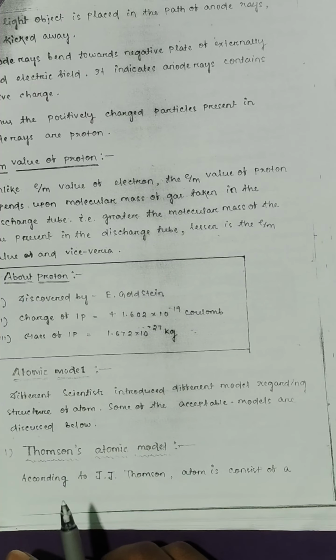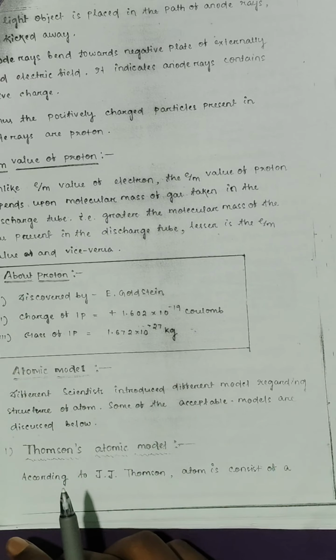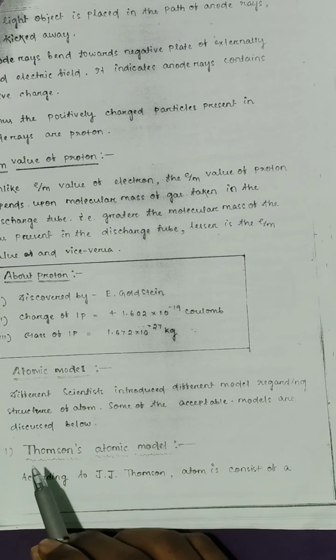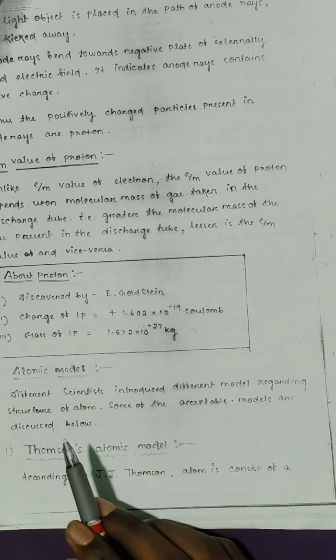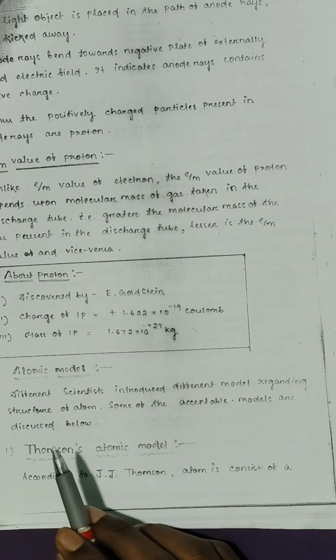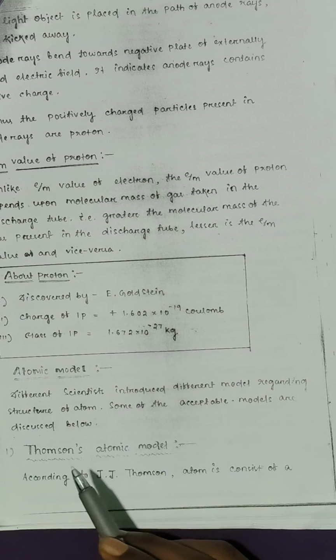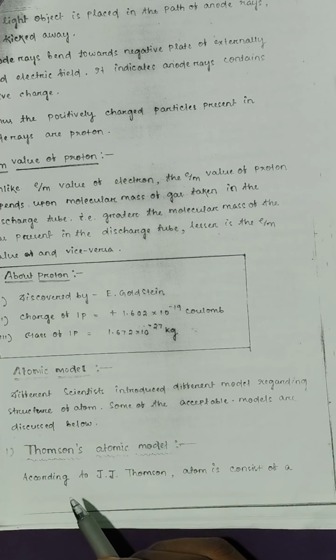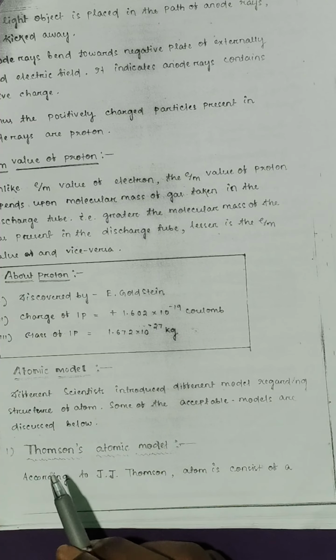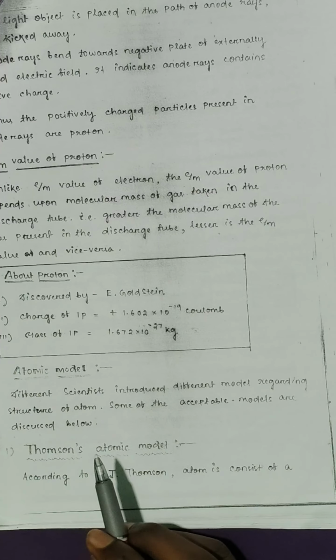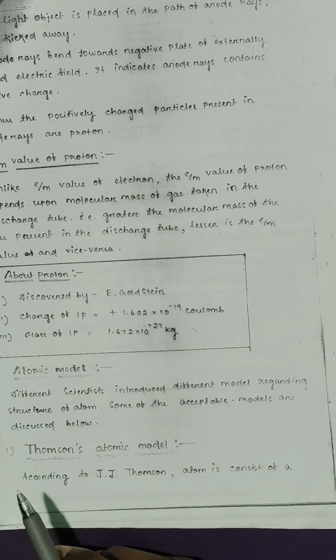So guys, today we are going to proceed with atomic models. After discovering the electron and proton, scientists thought, why shouldn't we make a model of the atom using the proton, electron and previously discovered neutron?